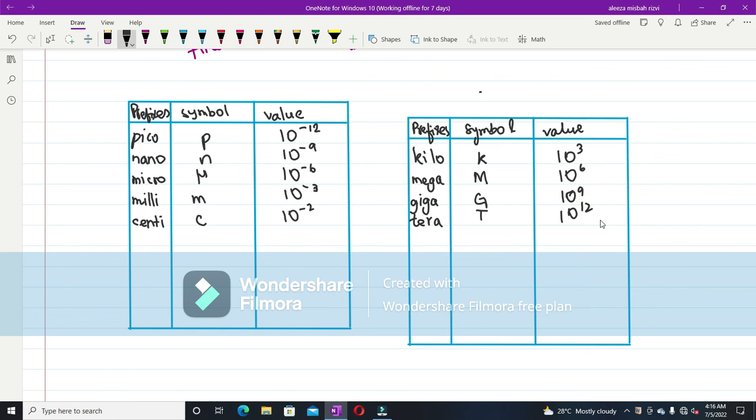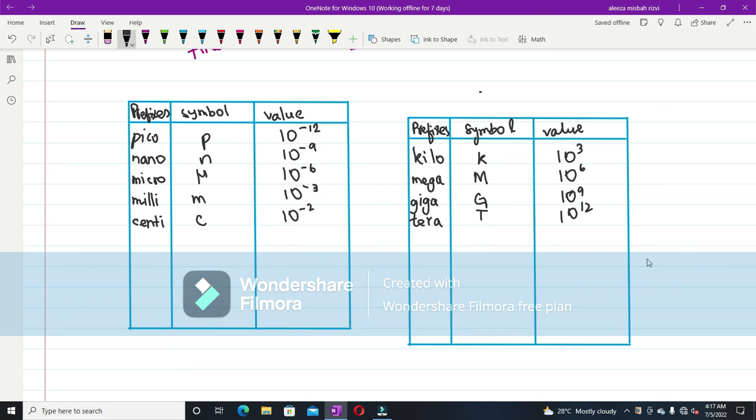So this is the way the prefixes, as I told you before, are used to mention the higher or the lower values of the physical quantities. It is basically used to simplify it, and I hope you all know the indices, so it will be easier for you to learn it.